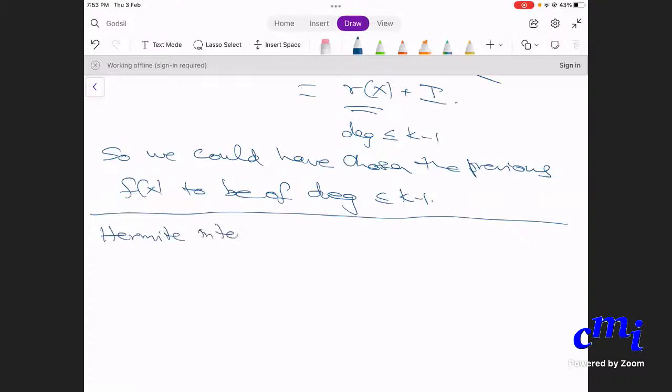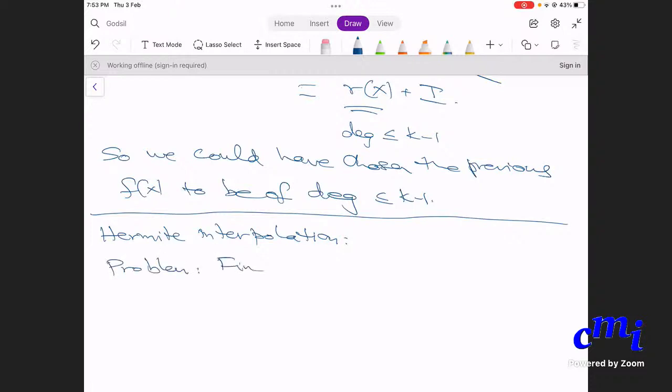Hermite interpolation. So rather than do it in general, which will involve lots of symbols, I will do one example, and I hope you will get the idea from that example. So what is a typical problem? The problem is like this.